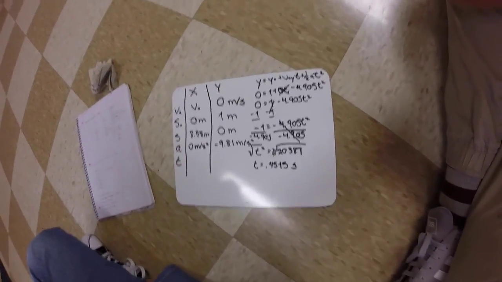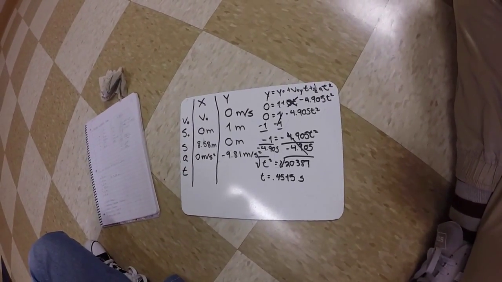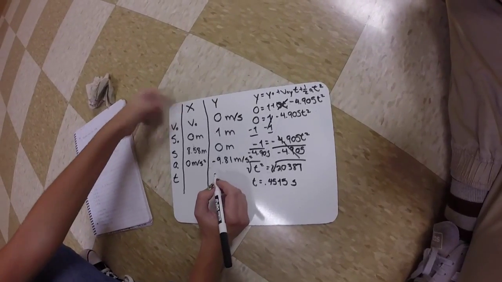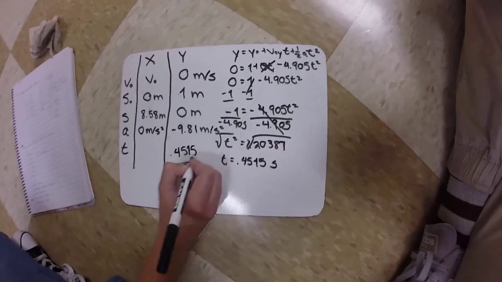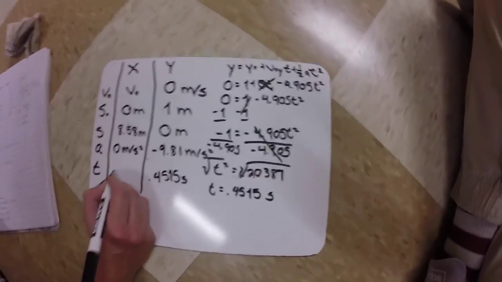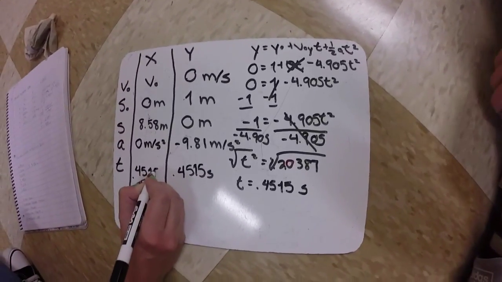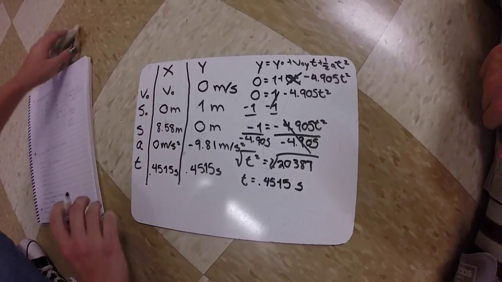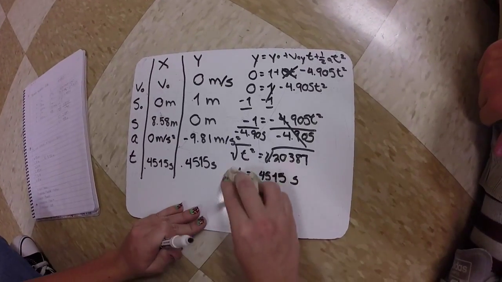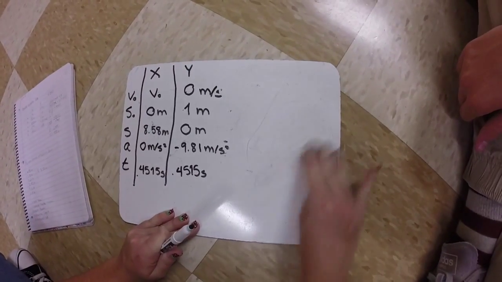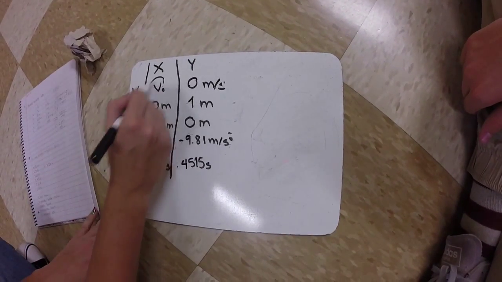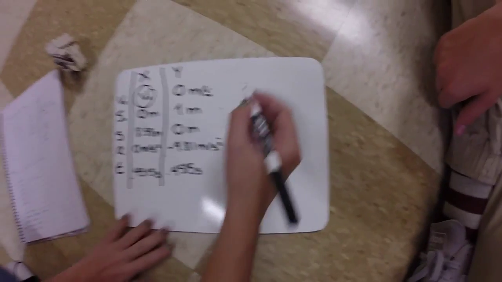So once you have that, you can calculate your initial velocity. The time is the same for both directions, so we can use it to solve for our initial velocity for x.